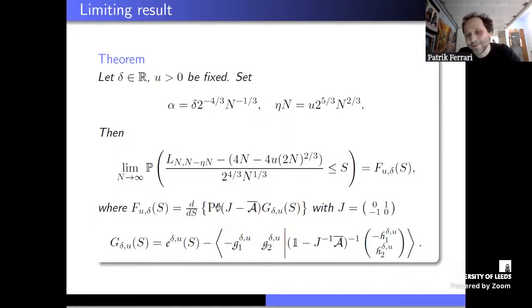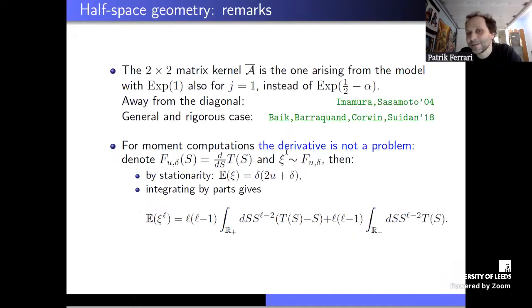Now, the Pfaffian you can think of as the square root of a determinant. Okay, a determinant is not so bad. There are some ways of doing it. But now they have a derivative and they have this inverse. These are not problematic. If you compute the moments, for example, the expected value, you don't have to use the computer, you know analytically that it is given by this quantity.